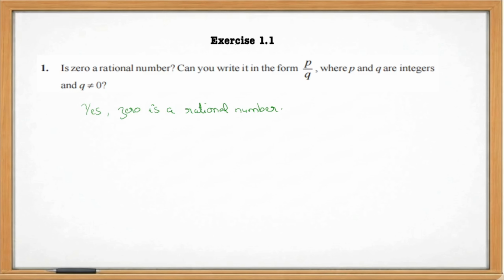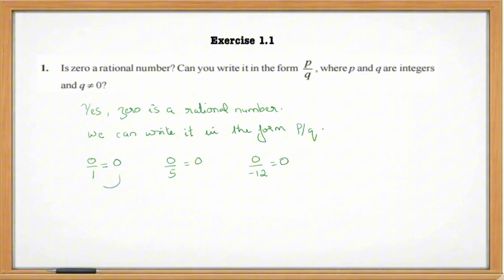Yes, 0 is a rational number. And we can write it in the form P by Q. See, if you write 0 by 1, the result is what? 0. 0 by 5, which is equal to 0. If you take any negative number, this is also equal to 0.